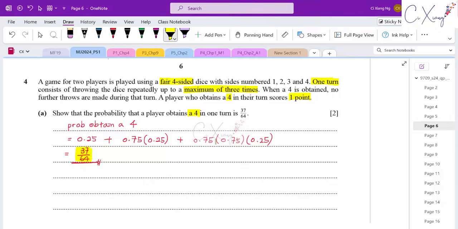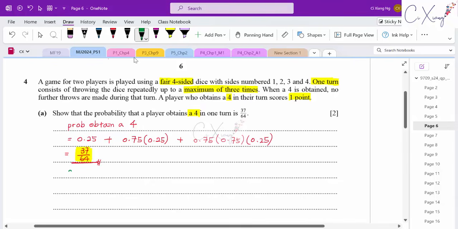Okay, right. And there's another technique or another method that you can use to get the answer. If let's say you want to calculate the probability of obtaining a 4, you just take 1 minus the probability that you didn't get any 4.